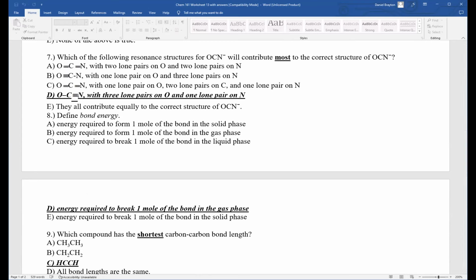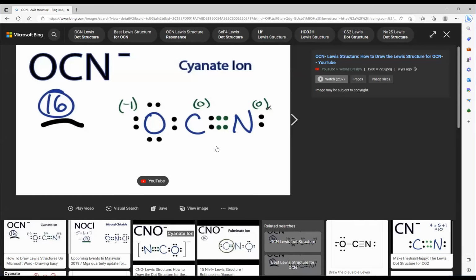So again, let's pull that one up. So you would imagine carbon's the least electronegative.